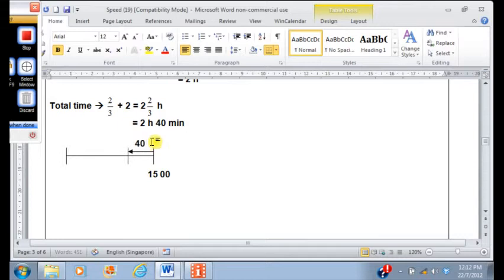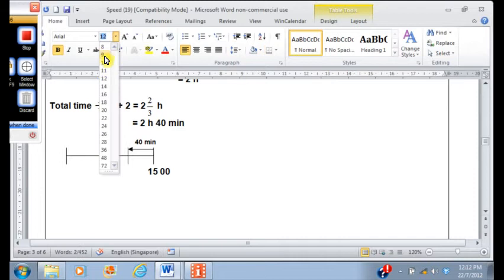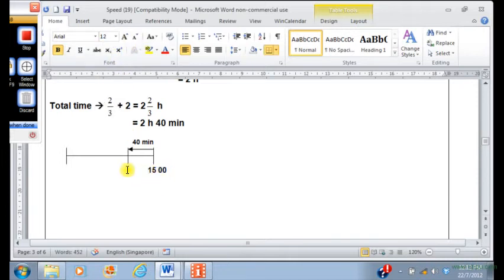So if you go backwards 40 minutes, if you go back 40 minutes, what will be the timing here? Well, let me change the font first. So what will be the timing given here? So the timing given here will be, if you count back 40 minutes, this will be 14 to 0.